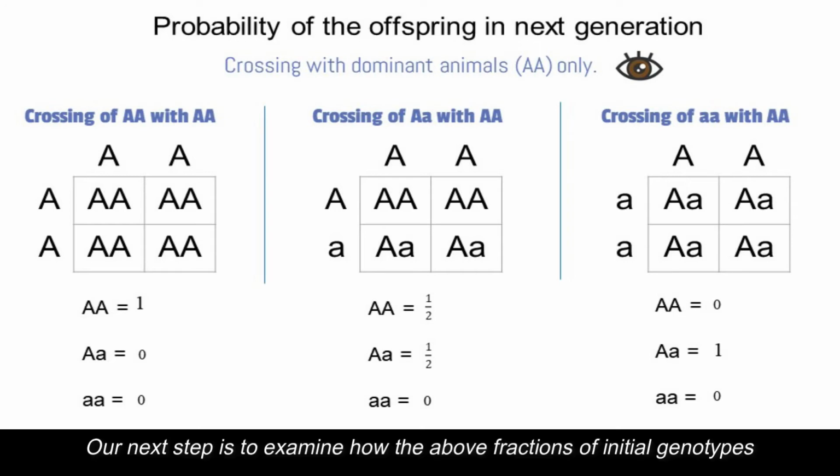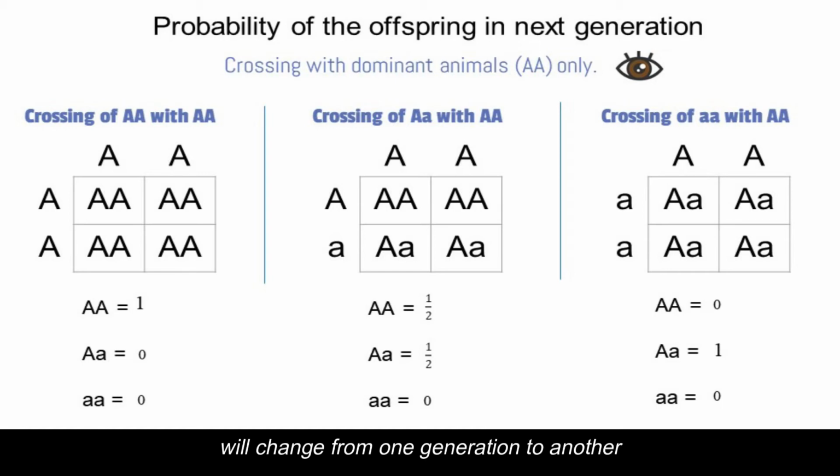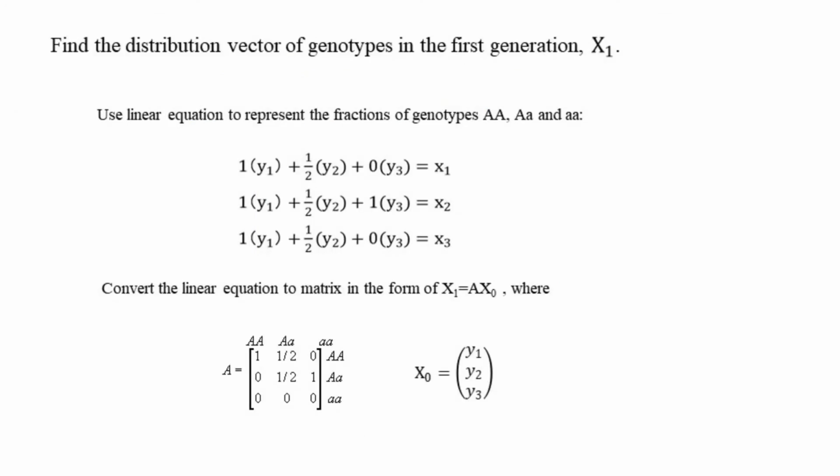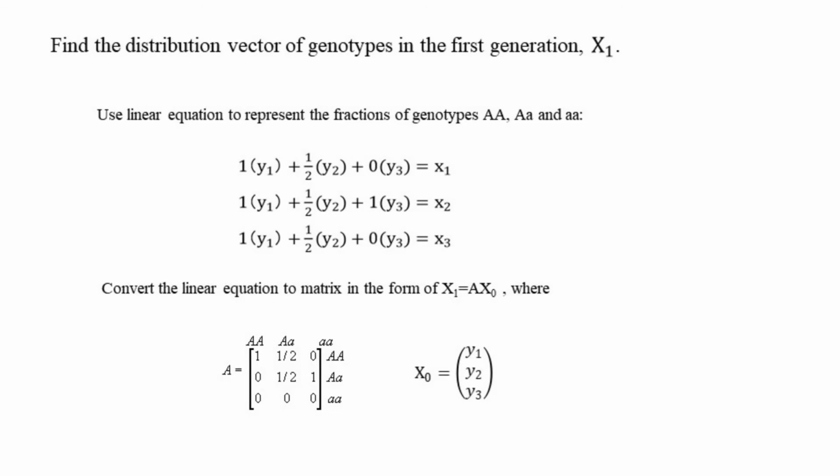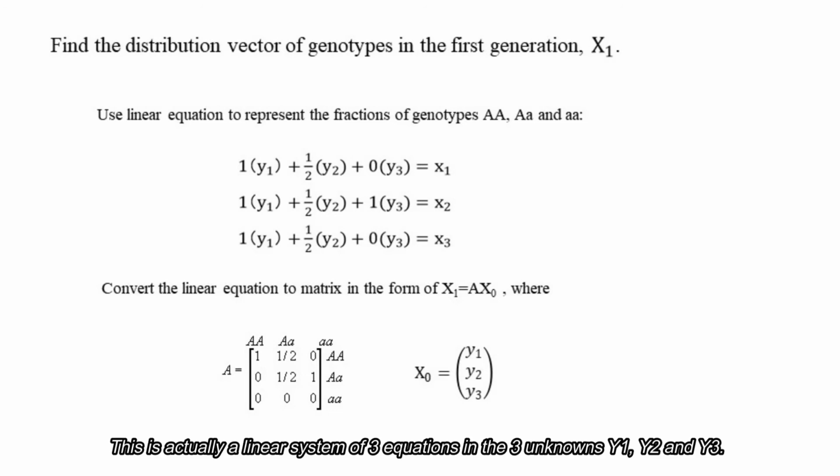Our next step is to examine how the above fractions of initial genotypes will change from one generation to another. For this, we let Xn be the distribution vector of genotypes in the n-th generation. In the first generation, the fractions of genotypes AA, Aa, and aa can be expressed as linear equations below. This is actually a linear system of 3 equations in the 3 unknowns Y1, Y2, and Y3.